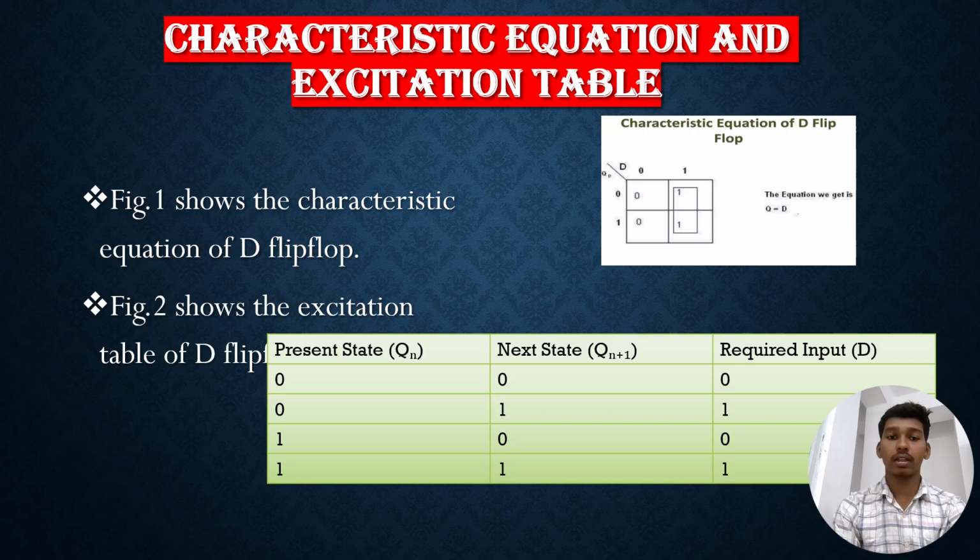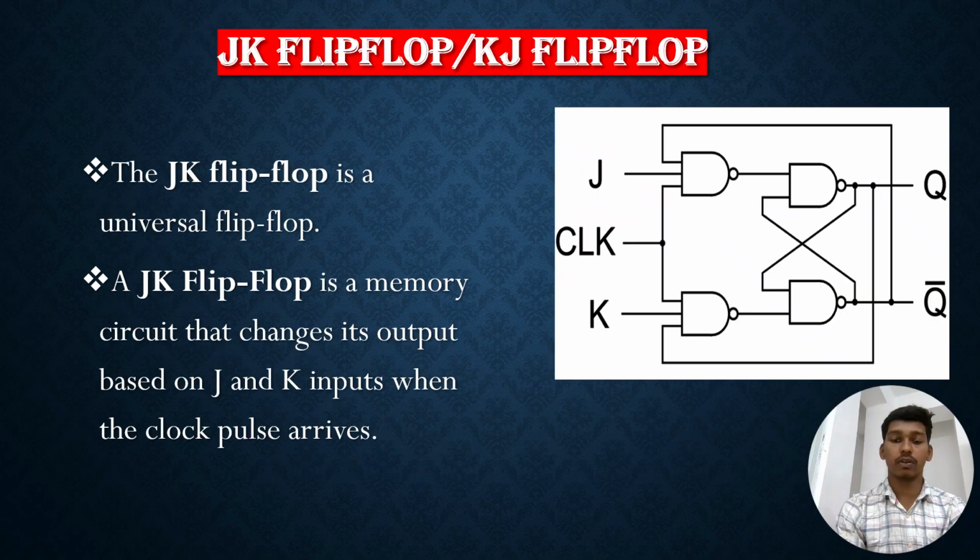We get the characteristic equation as Q = D, and figure 2 shows the excitation table of the D flip flop. The excitation table means we get the required input from the present state and next state, giving the required input for the D flip flop.